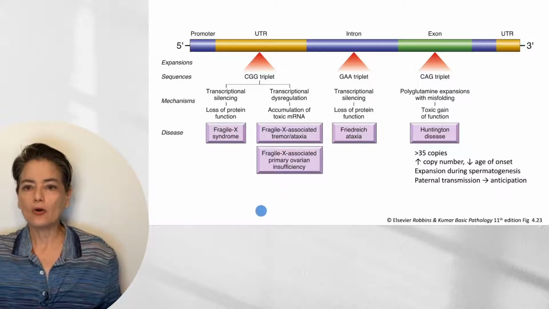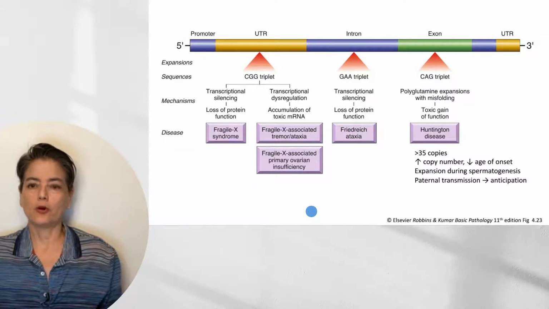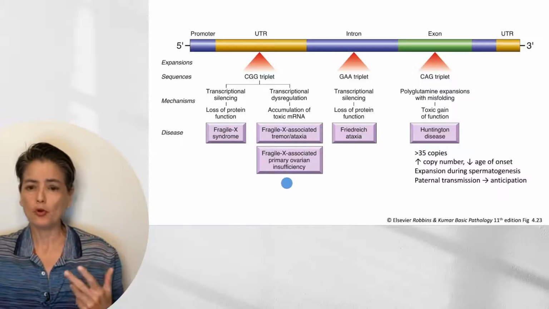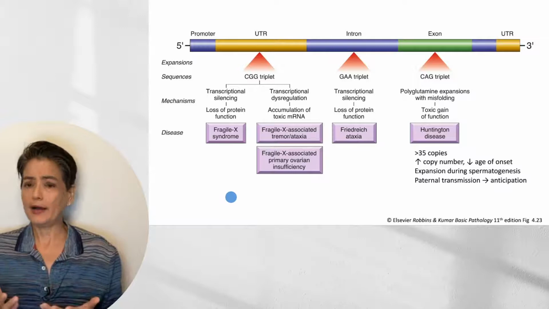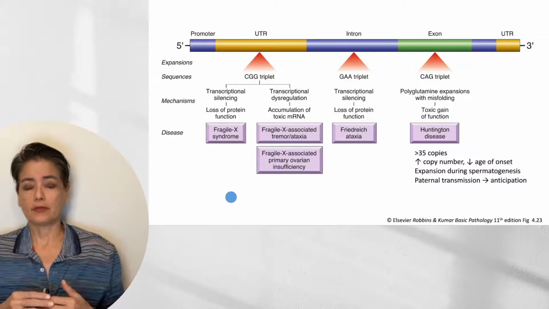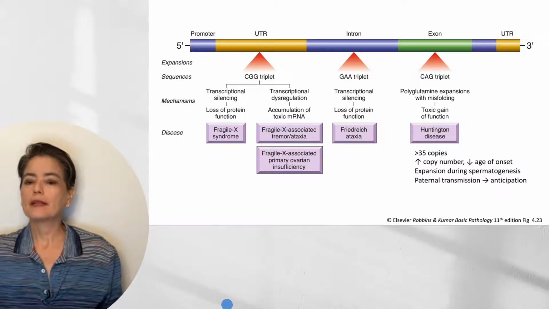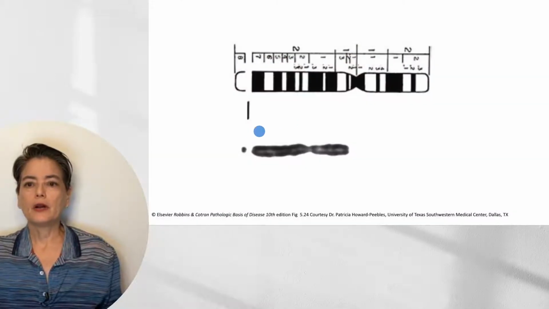Okay, let's now approach Fragile X syndrome, which is listed here as really 3 separate sorts of diseases, or 3 separate syndromes. So why is it called Fragile X? Is it that the chromosome breaks? No, but it looks broken. So here you can see the X chromosome, which has been stained with typical banding dyes that we use in classical cytogenetics.